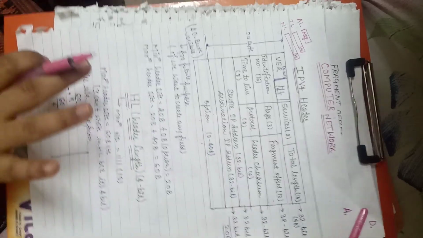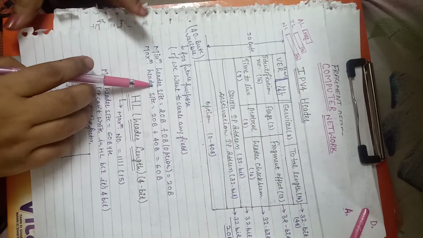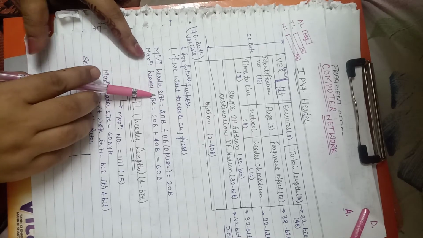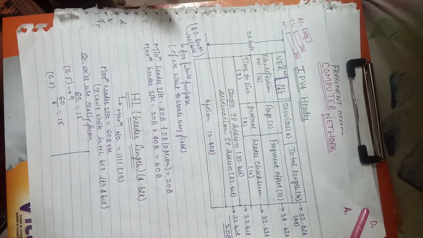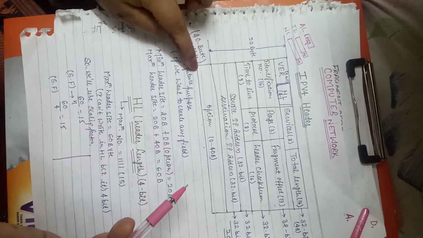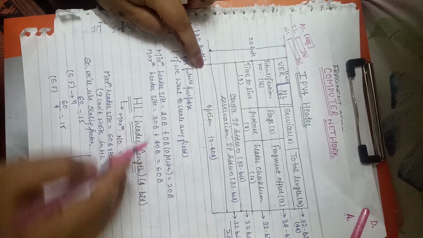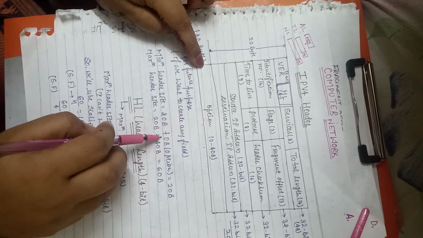Now what is the minimum header size? 20 byte, and this is the optional part. The minimum option is 0 byte.